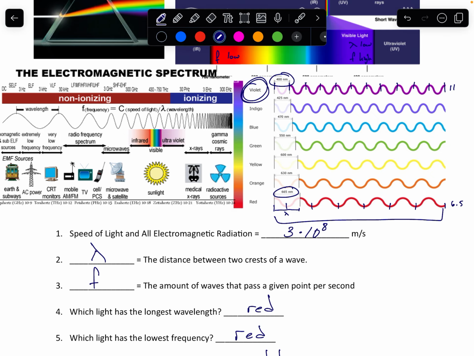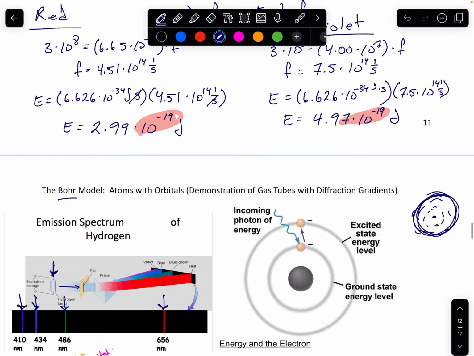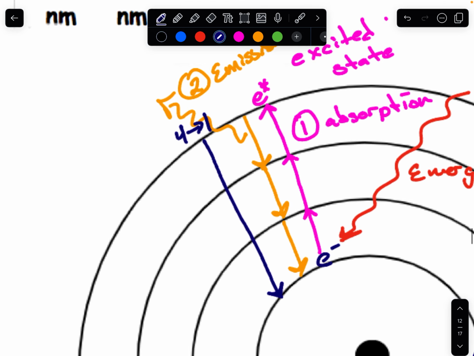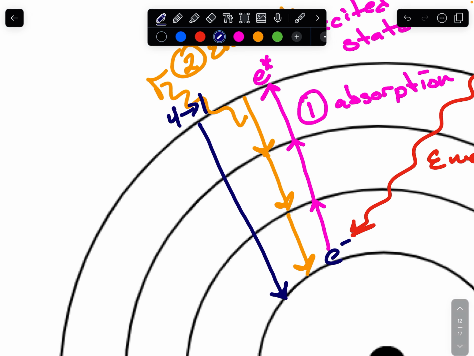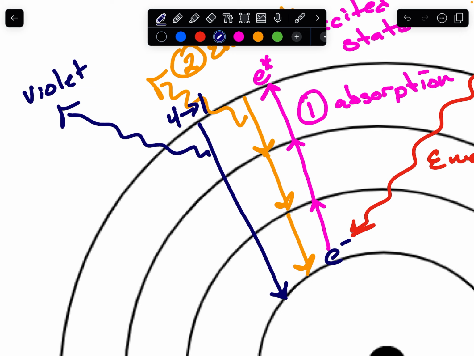Okay, short wavelength, high energy. Okay, so coming back down here, I'm dropping a lot, I'm releasing a lot of energy. Okay, so this is going to be the most energy that could be released here. All right, so this is going to be something closer to blue or violet light. Right, big drop, closer to violet.